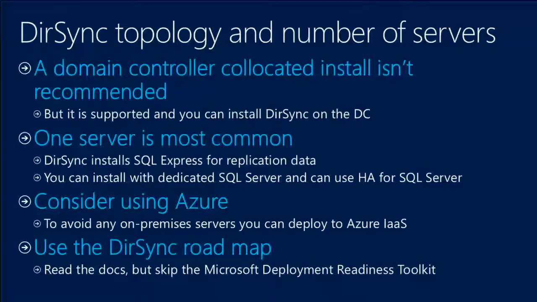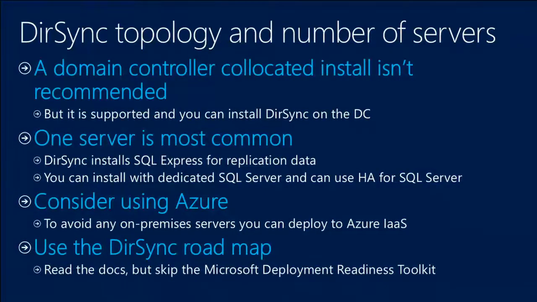Most commonly, people will install DirSync on a single server. And you can support up to about 50,000 users synchronizing from a single Windows server machine. That means DirSync is running on that server. It connects to your domain controller, which is separate. And DirSync also has SQL Server Express on that same server.